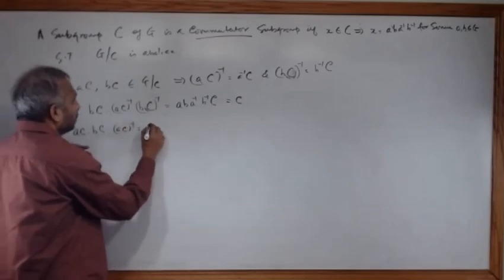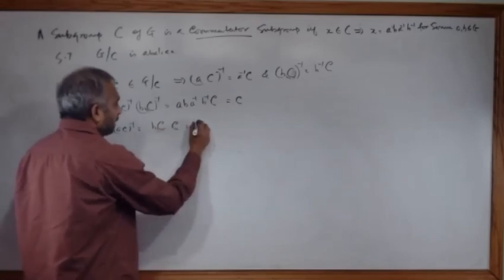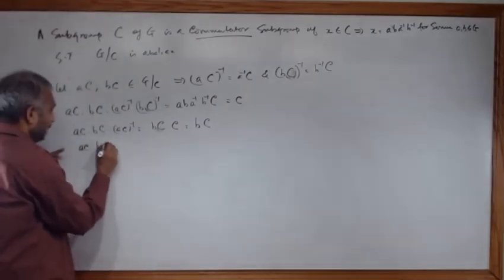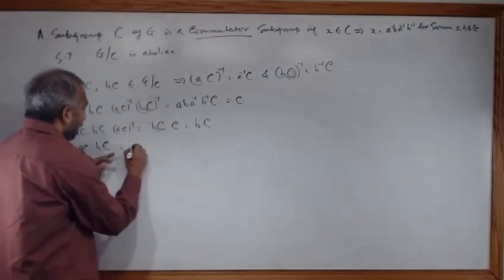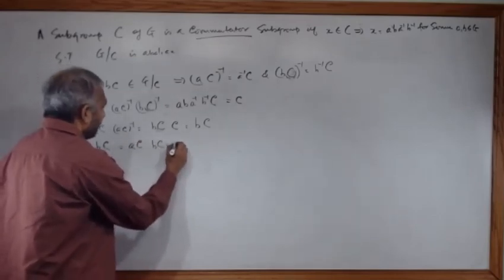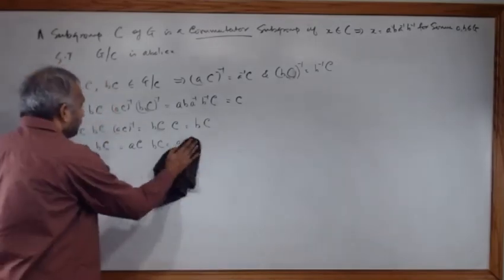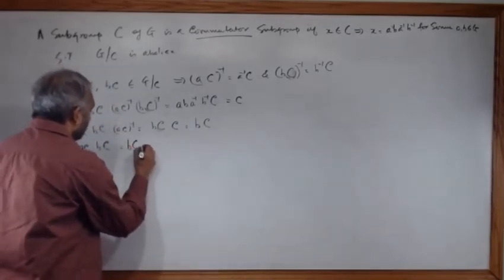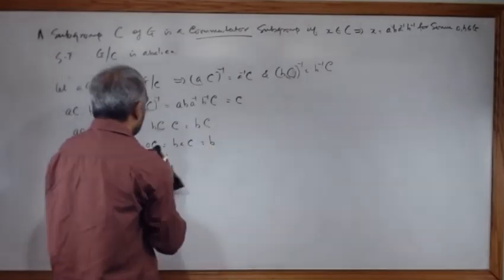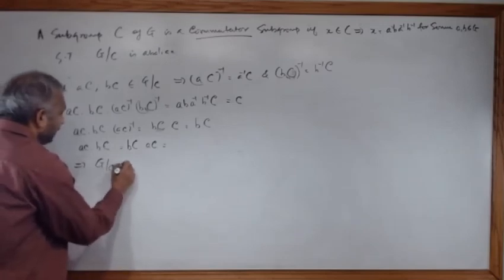Sorry, you are multiplying on the other side, so this will be bC times aC, and that is equal to baC. So this implies G over C is abelian.